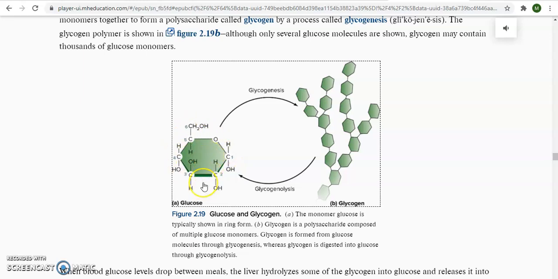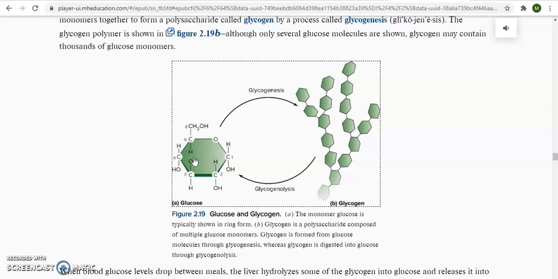And the purpose or function of carbohydrates, and essentially glucose, is to provide our cells with energy. So we have all these covalent bonds that are holding all the carbon, hydrogen, oxygen together.